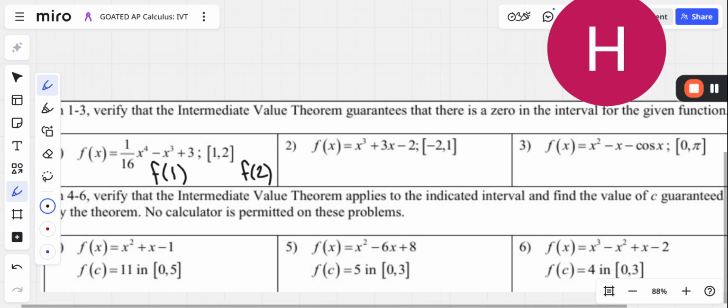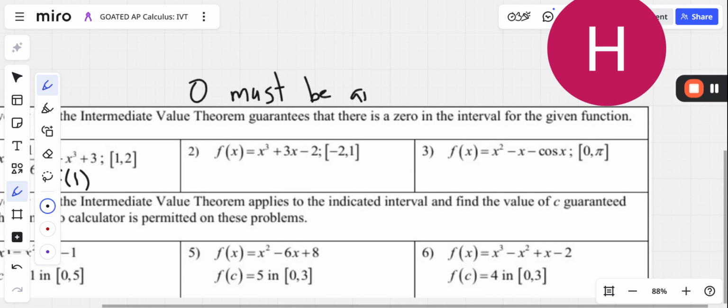Just as long as 0, I could say it better actually. We need to guarantee that 0 must be an intermediate value. What does it mean to be intermediate? It just means in between. It's just a fancy math way of saying in between. So 0 must be an intermediate value.